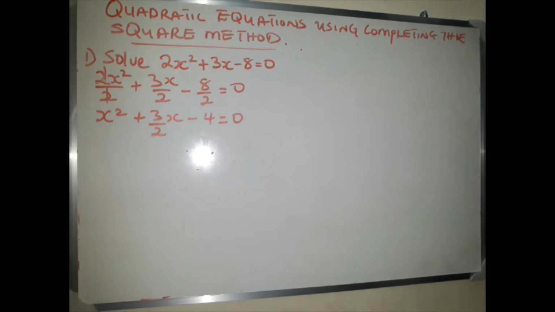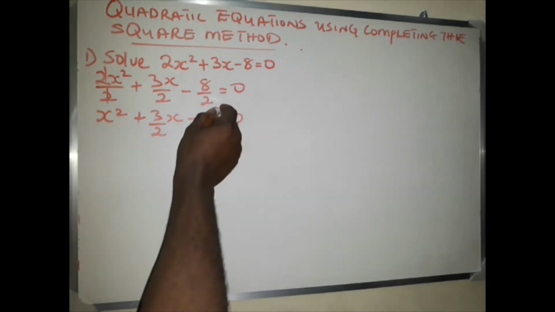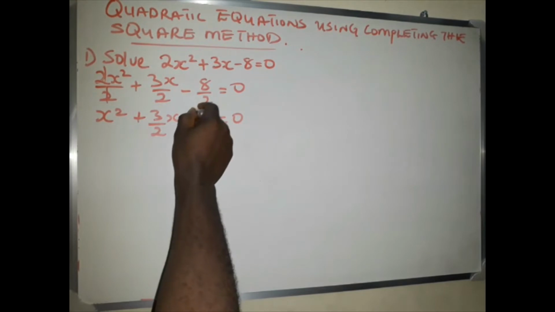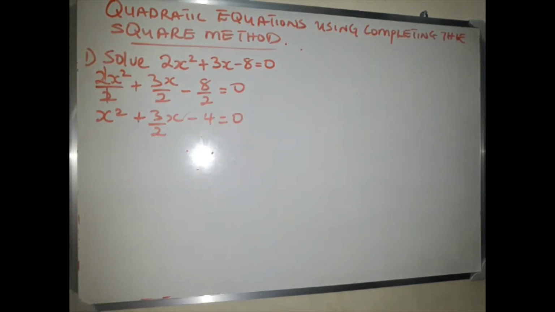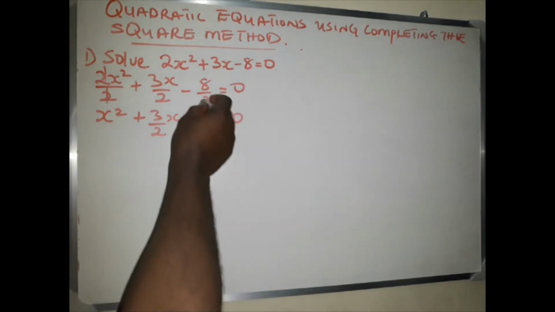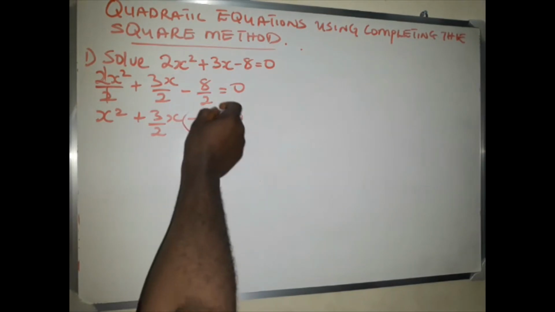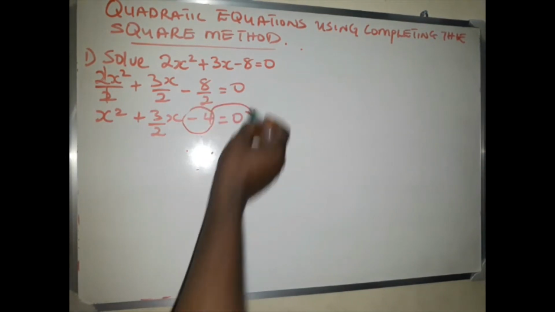Now, once you've done that, the next thing you do is move the constant to the right hand side, that is over the equal sign. This is the constant here. The constant is minus 4. Take note of the signs. You move this constant to the right hand side.